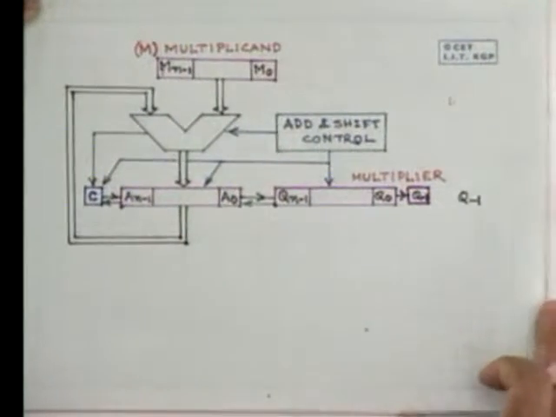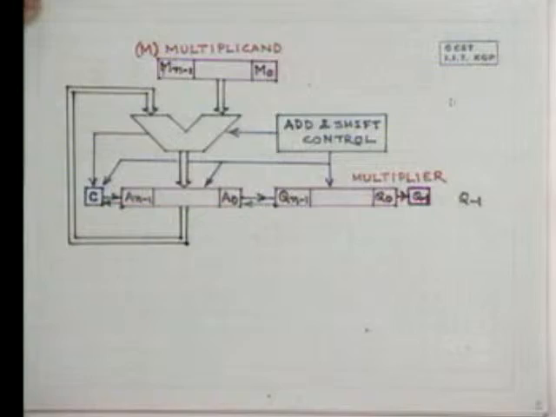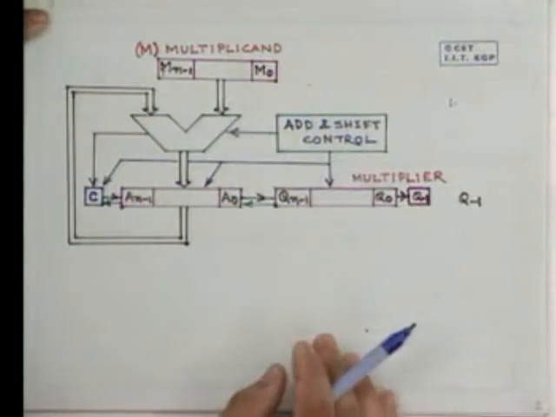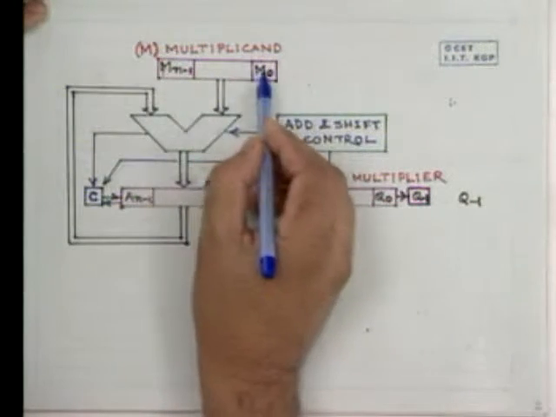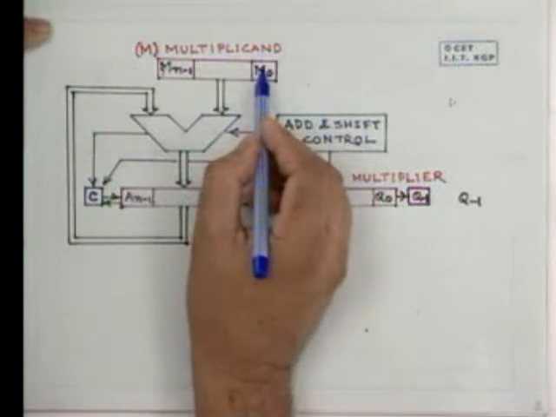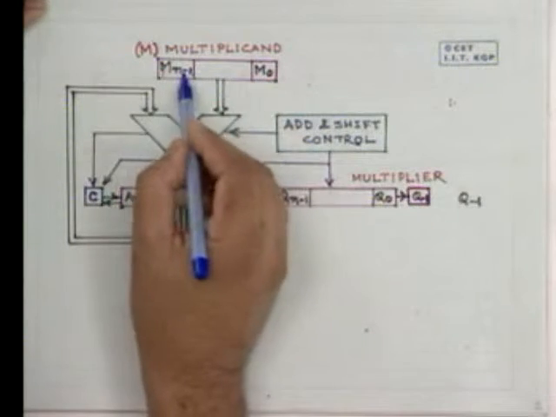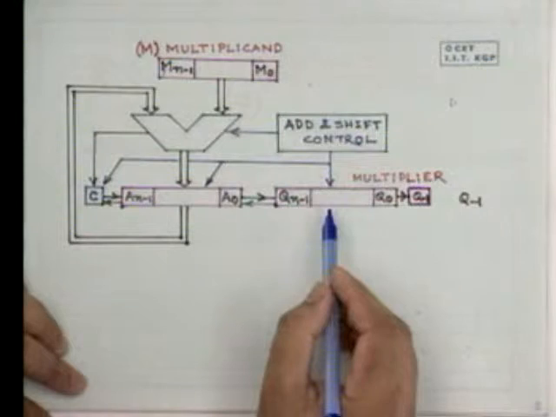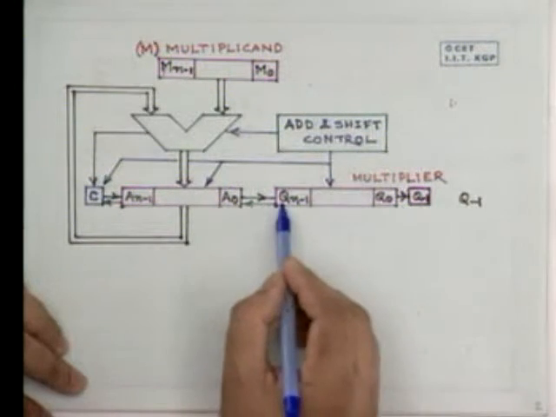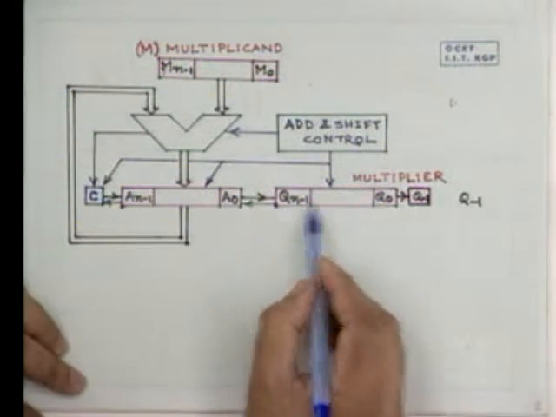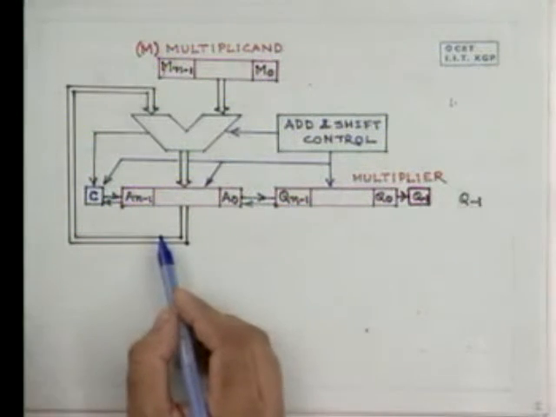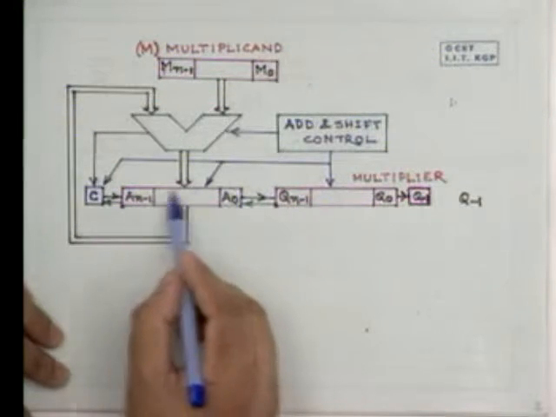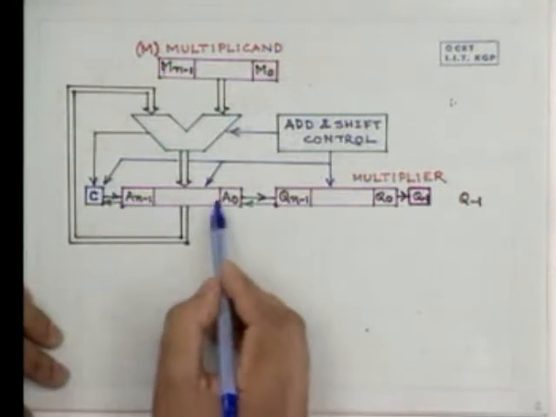The basic hardware can be thought of like this: you have a multiplicand register where you can put the n bit multiplicand, m0 to mn minus 1 bits. You have a multiplier register, which is also an n bit register. This is what we can call an accumulator, an auxiliary register that we keep here.